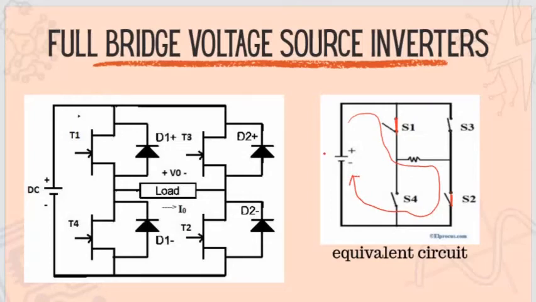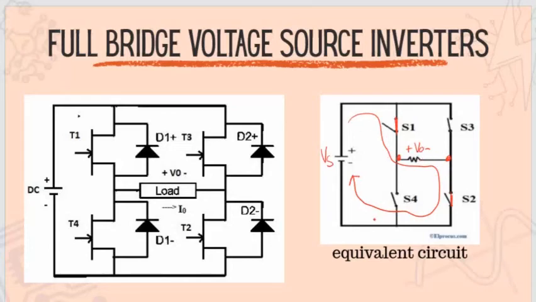So this is your source voltage, Vs. This is your load output voltage, let's say positive, negative, Vo.